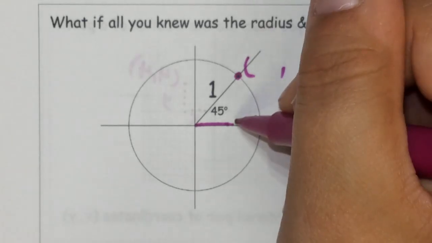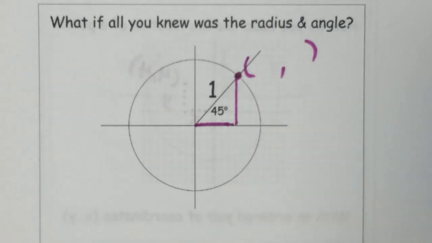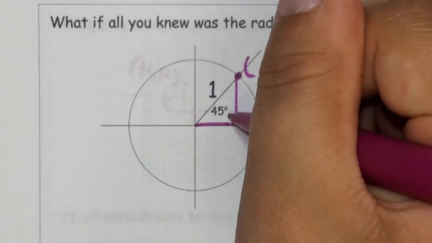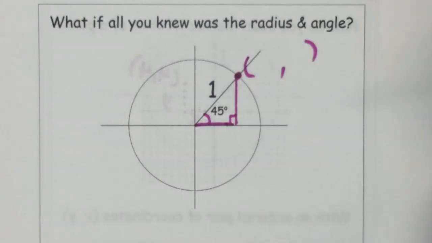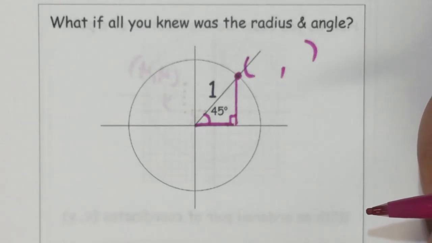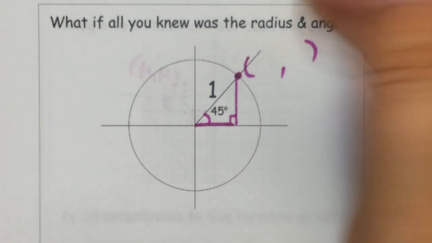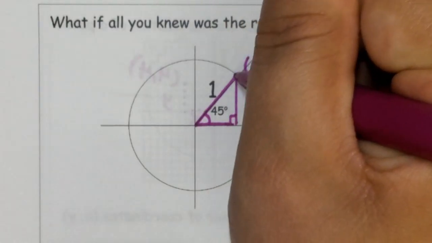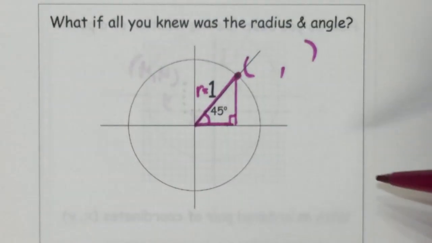Do you agree the Y is how far it goes up? And what did I just create? A 45, 45, 90 triangle. And if I created a 45, 45, 90 triangle, do you also agree that my radius is 1? That means the hypotenuse is 1.